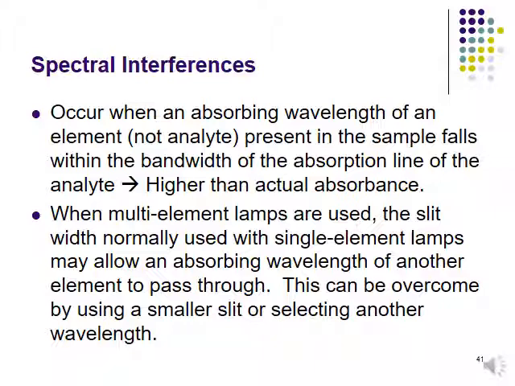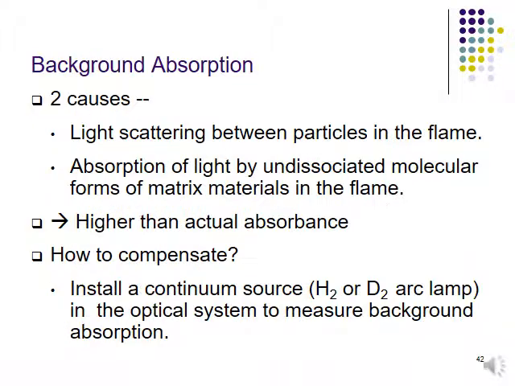How can we overcome this? This can be overcome by using a smaller slit or selecting another wavelength. A smaller slit in the monochromator is better in order to overcome the spectral interference.